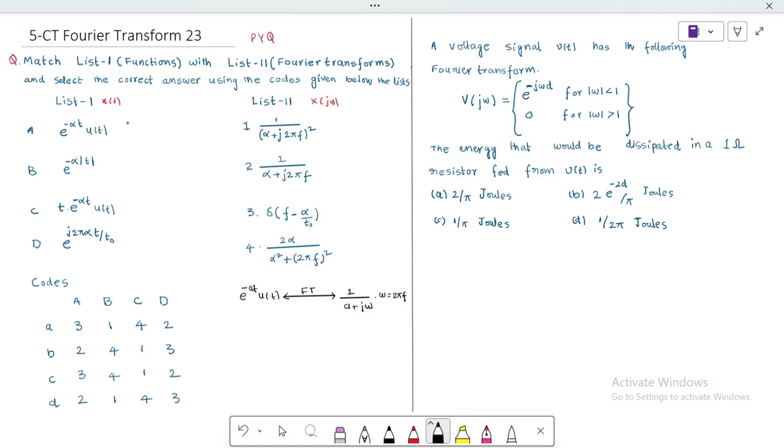So in list 2, there is a second one. Then e power minus alpha mod t.